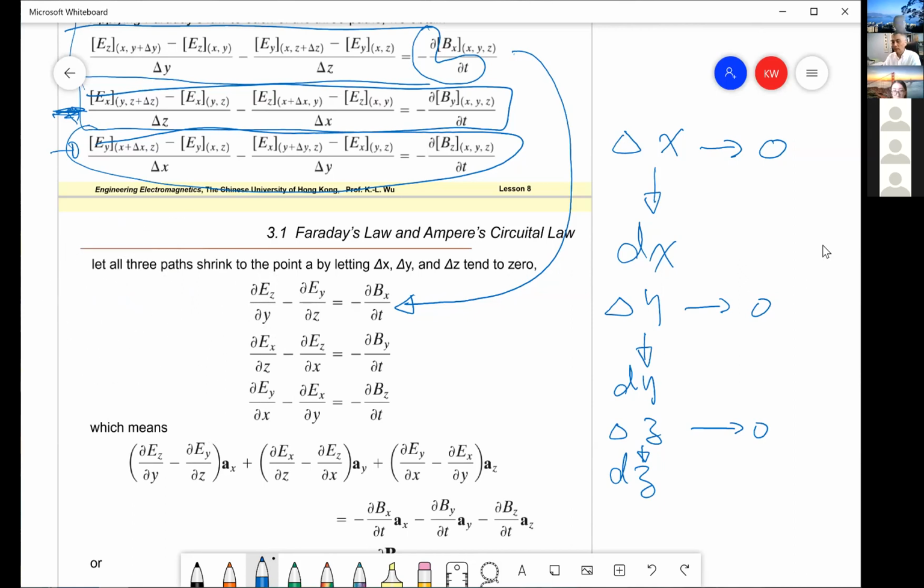Now we can prove from the integral form that what Faraday's law tells us is this set of equations.